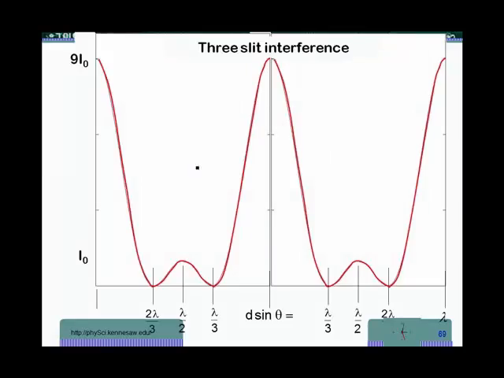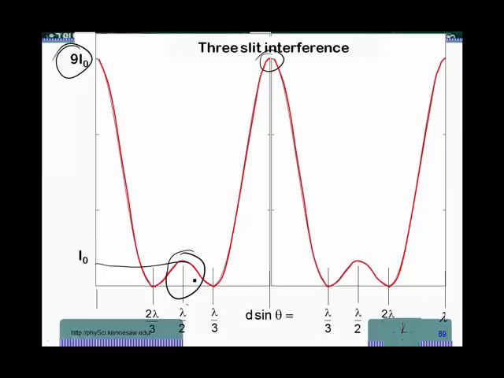In other words, if we look at it, this is where all 3 are going to add up. The intensity is 9I0. But then when the path difference between 2 of them is lambda over 2, 1 is going to be left out, so I'm going to have an intensity of I0 due to the third one, and the other 2 are going to cancel out.